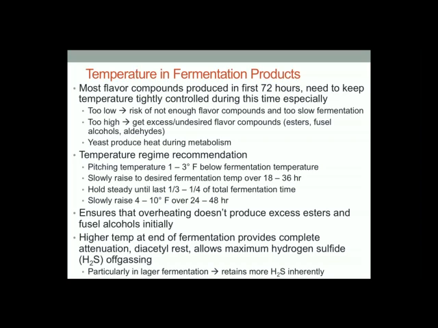So the lower temperature at the time of pitch will help ensure that overheating doesn't give you too many esters and fusel alcohols initially, and then especially when you're doing lagers, that higher temperature over the last 2 days or so will help get rid of that hydrogen sulfide.